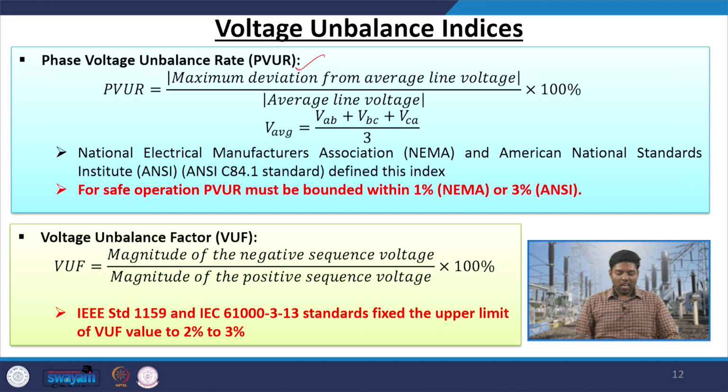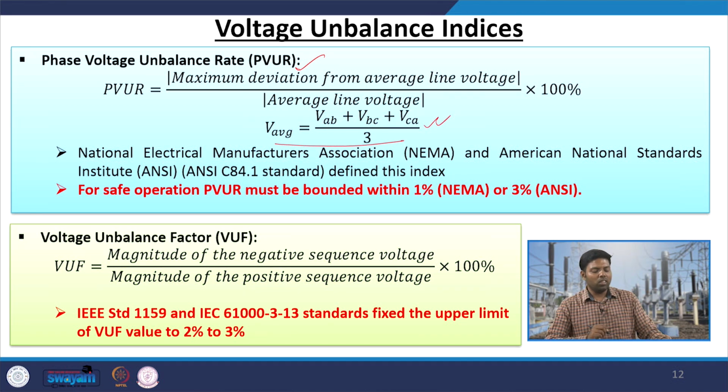PVUR says that first you calculate the average of the three phase voltage magnitudes. Take the average and see the maximum deviation of the phase voltages from that average value.